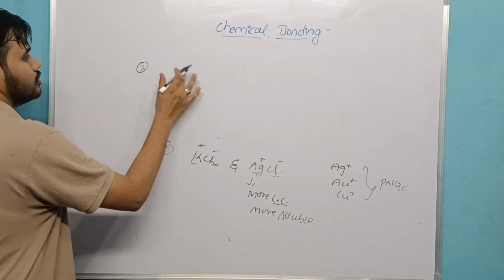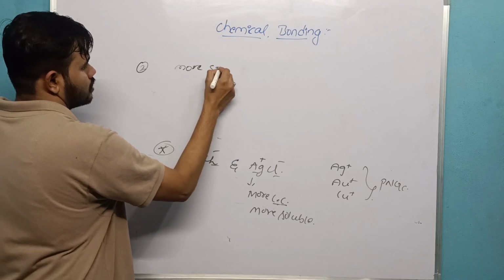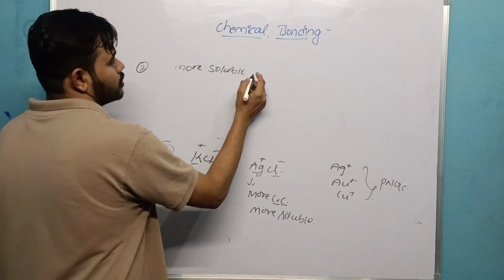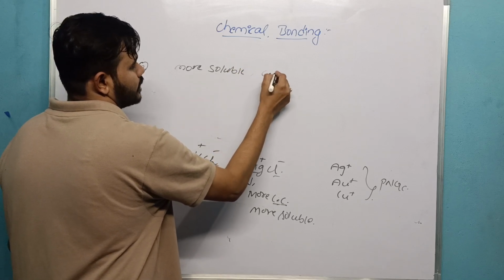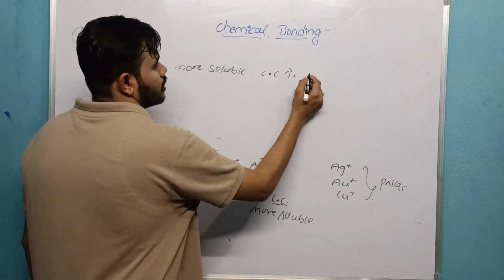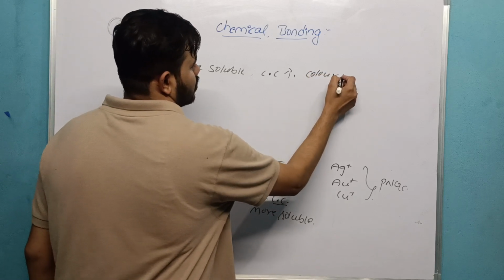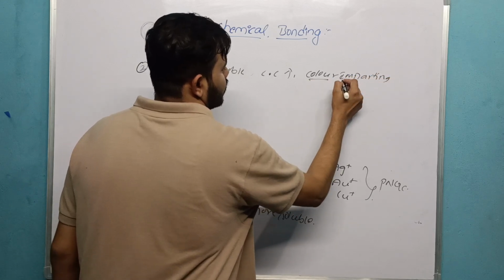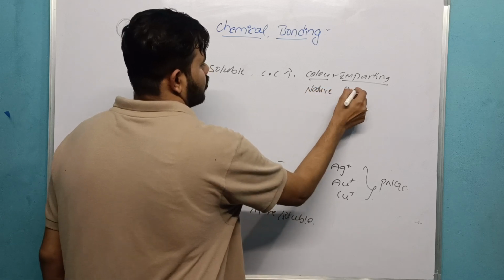Last one. More solubility means ionic compounds. If compounds are more soluble, covalent character will also be more, but your color imparting nature will also be more.